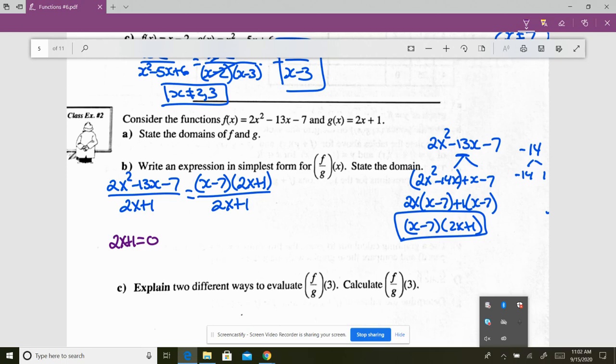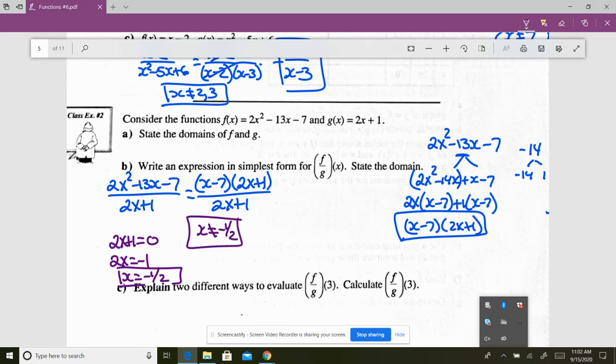So if you move the 1 over, x equals negative 1/2. That is your domain restriction. So in other words, x is not equal to negative 1/2. There's your domain restriction.